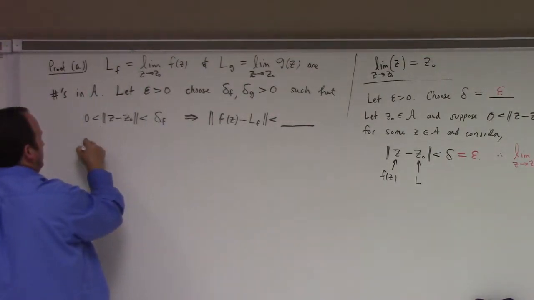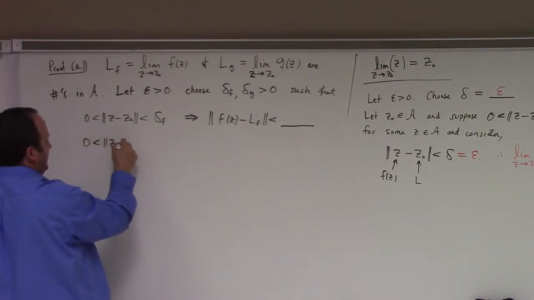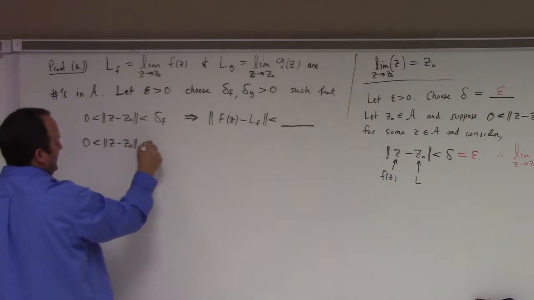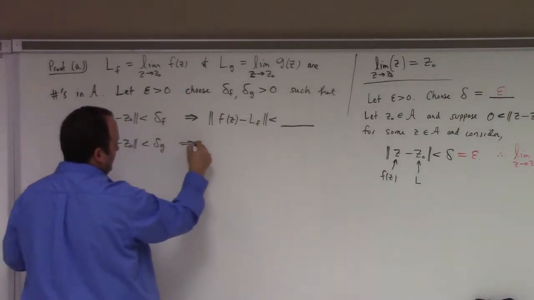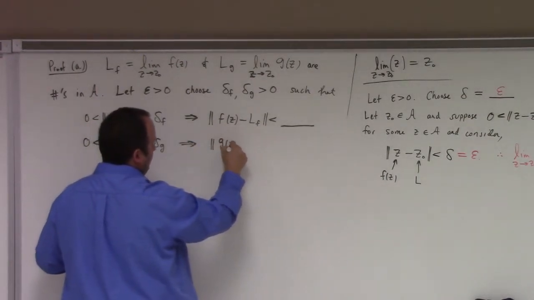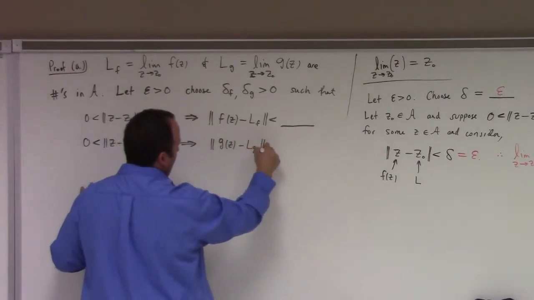And whenever 0 is less than the norm of z minus z naught is less than delta g, that implies that the norm of g of z minus L sub g is less than something.